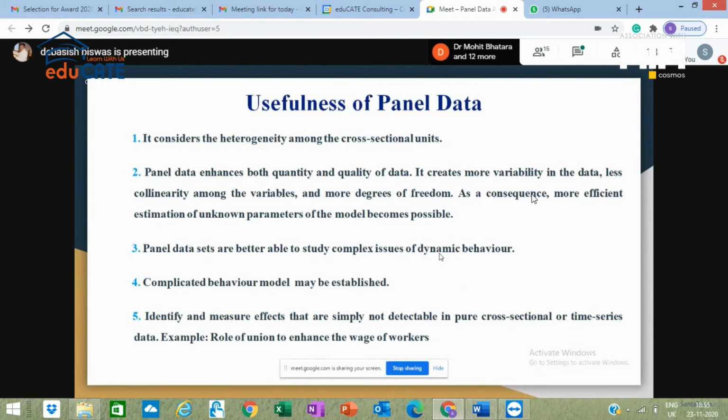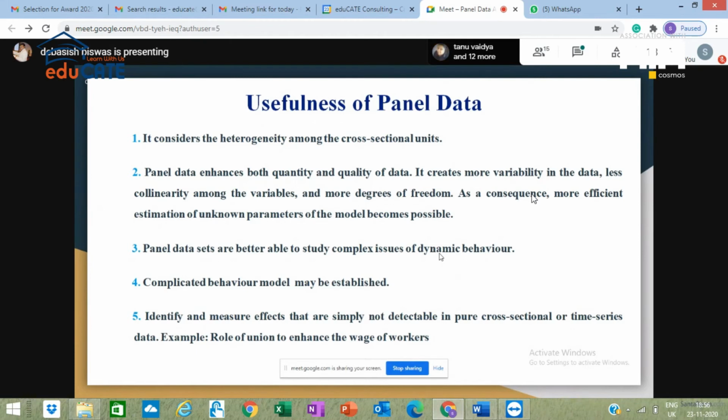Just let me give you one example. Suppose in your research study, your intention is to show the impact of technological innovation on companies. Then only a cross-sectional study will not help you. Because if you do not consider many time periods, you cannot say the impact of technological innovation on companies.